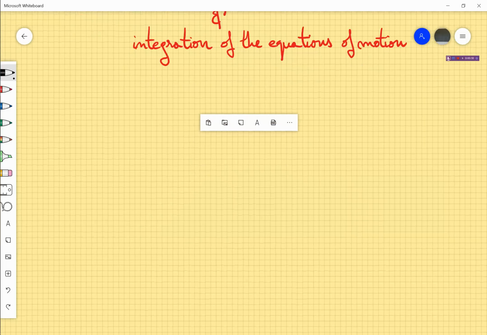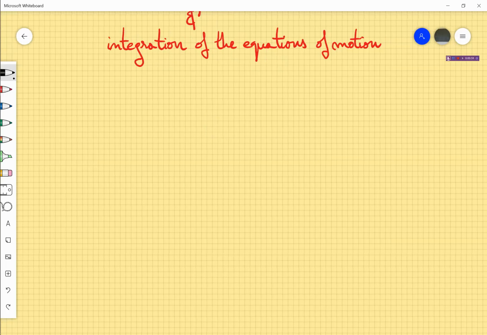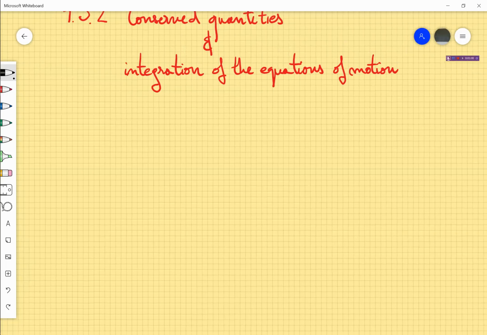Remember that when we studied in general the Lagrangian equations of motion, the Euler-Lagrange equations, we said that if there is a cyclic coordinate, a coordinate that does not appear explicitly in the Lagrangian and the action, then there was an associated constant of motion or conserved quantity.